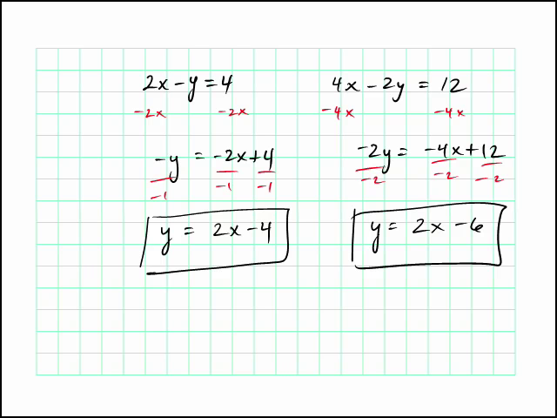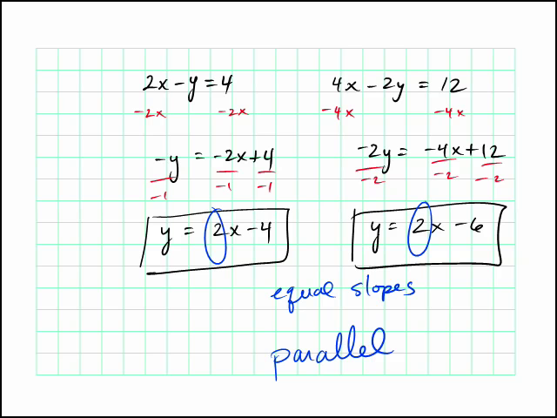Okay, each one is in slope-intercept form. Looks to me like each one has a slope of 2. They have equal slopes. And so that means that our lines here are parallel. They are parallel to each other. Okay. And I believe that ends our lesson here on slope.